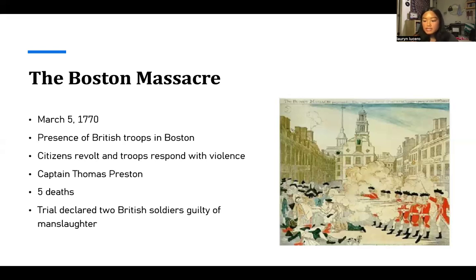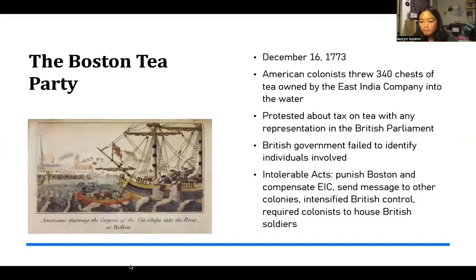These protests of taxation without representation continued with the Boston Tea Party in 1773, where colonists hurled 340 boxes of tea into the Boston Harbor. When the British failed to accurately identify and prosecute these individuals involved, Parliament enforced yet another legislation called the Intolerable Acts.